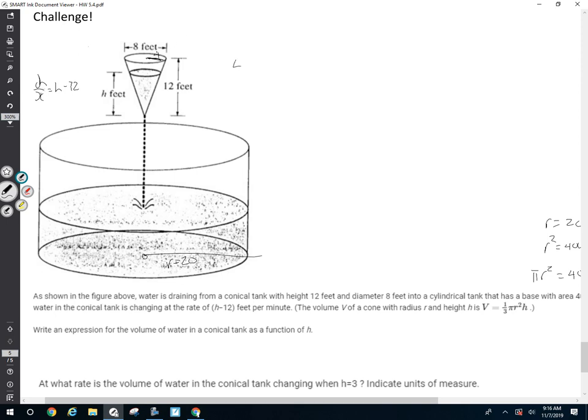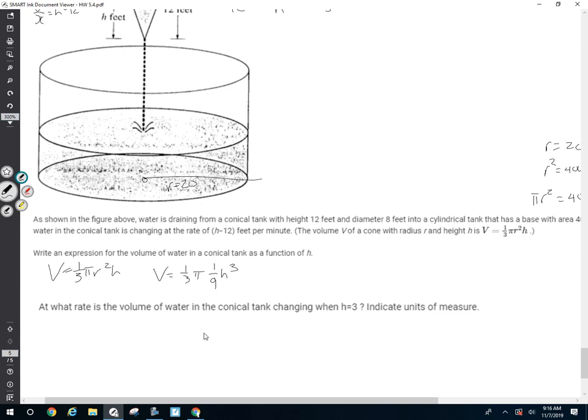So 4 over 12 equals the radius of the water over the height of the water. We want a function of h, so 1/3 h equals r. This is fixed. The volume of a cone is 1/3 pi r squared h, so the volume would be 1/3 pi times, plugging in 1/3 h, 1/9 h cubed.